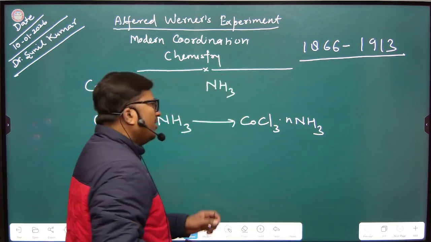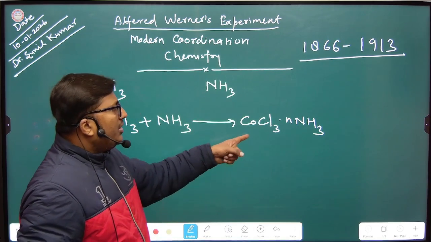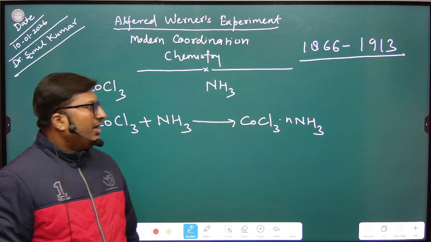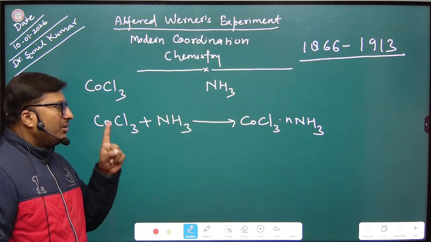So this is an adduct type chemical structure that he got in his experiment.